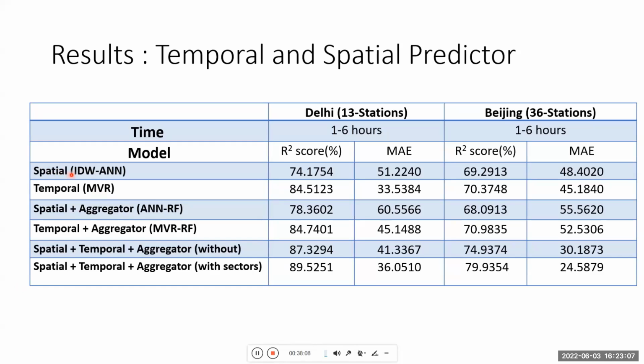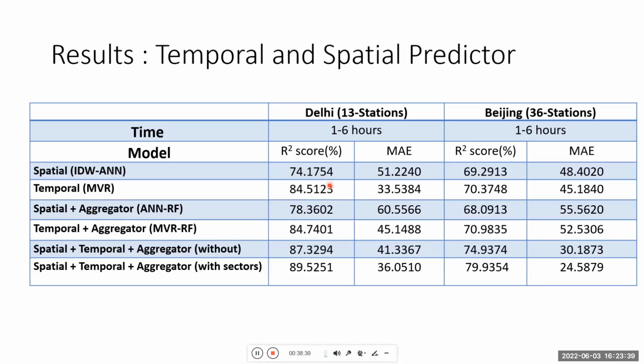The first one shows only the spatial model, which uses IDW and ANN as the modeling algorithm, whereas the second one is an MVR for temporal. You can see here that temporal, which is a local predictor, is good for any station, whereas the spatial contributor has a lesser score. Similarly, the benchmarked output for Beijing datasets are 69 and 70.